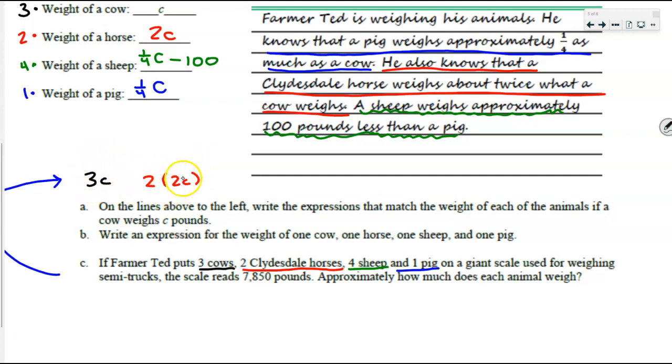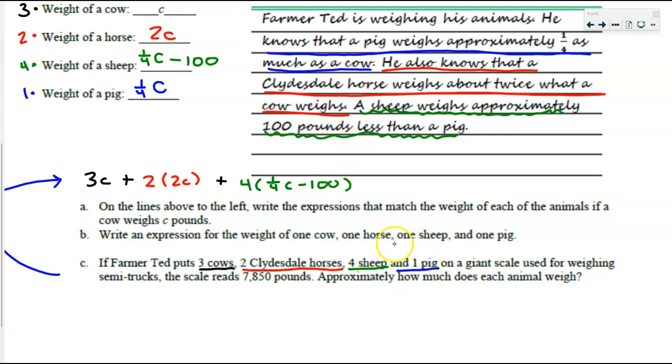Now again, how am I going to connect these? Here's all of the cows. Here's all of the horses. What am I going to do between those? Add them. Cows and horses and how many sheep? 4. Yes, that's 1 sheep, but how many of those do I have? 4 of the 1/4 C minus 100.